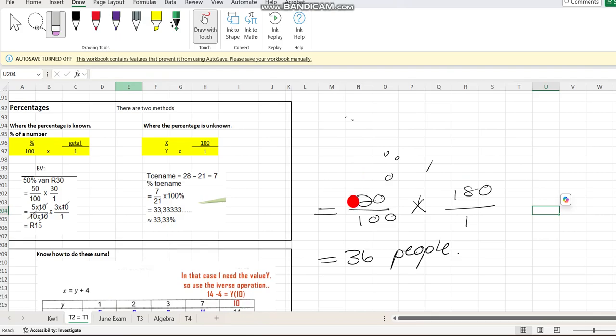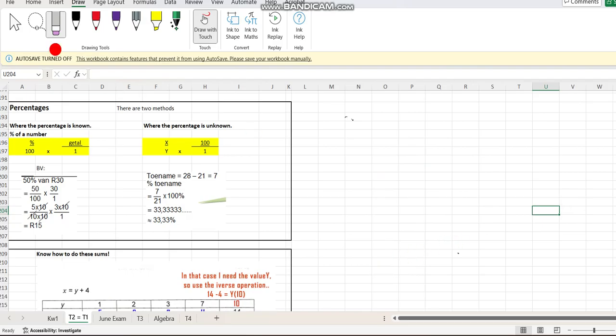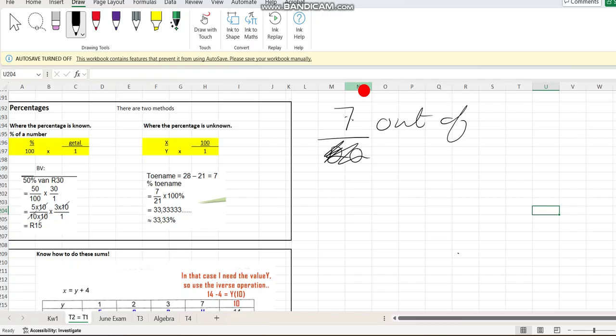Your second method, they will give you something, for example, and in this case, percentage is not known. So let's say Kwasi got 7 out of 20 for his math test. What was his percentage?